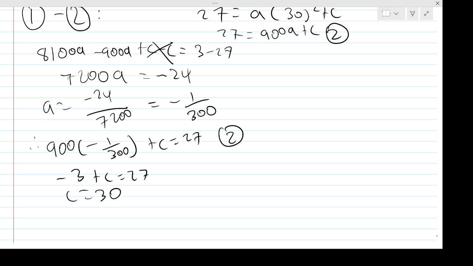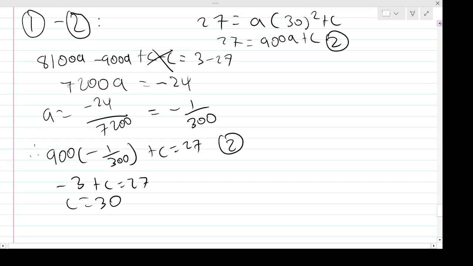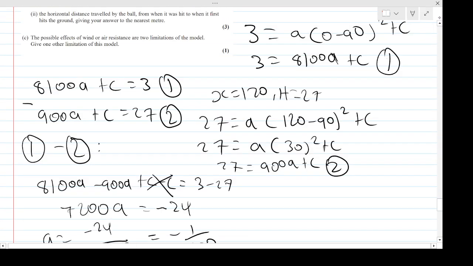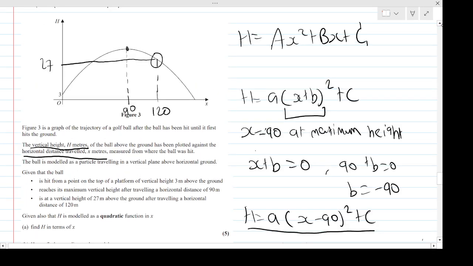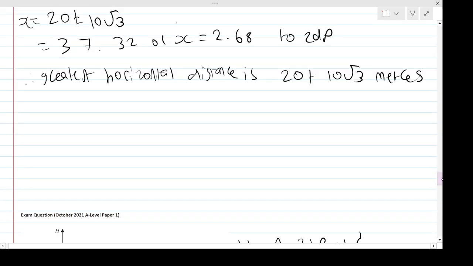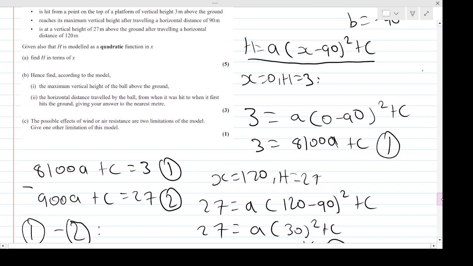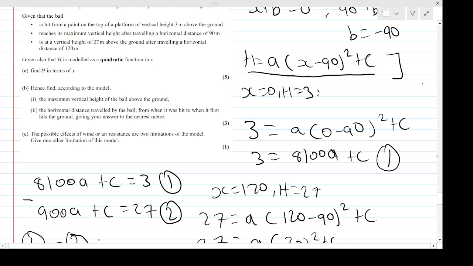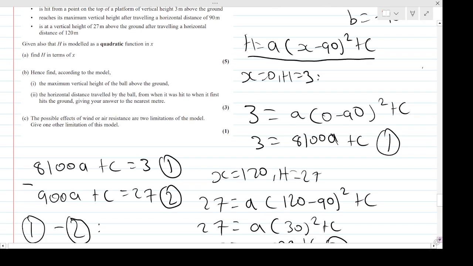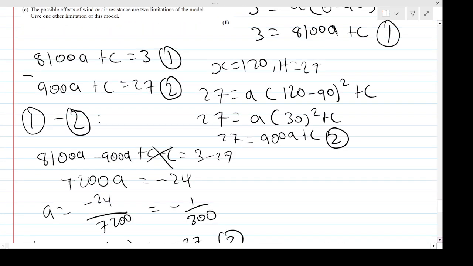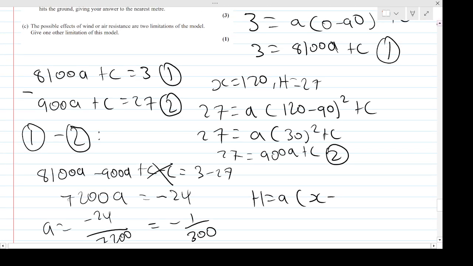Okay, but therefore we've got our values. We've got a, b and c. Therefore we can fill in the equation. So h, remember, is a lots of x minus, what was it, 90, all squared plus c.